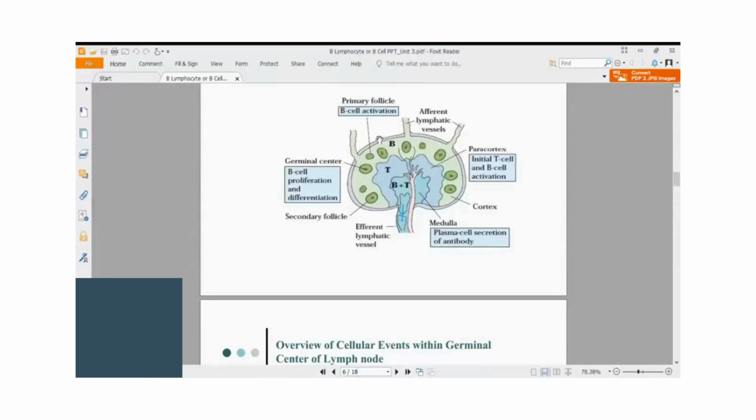If they don't learn to tolerate the self antigens, these B lymphocytes themselves can become active B lymphocytes to cause an autoimmune response, which does not happen. So once the B lymphocytes have come and lodged themselves in the primary lymphoid follicle of the lymph node, they are ready to now receive the antigen.